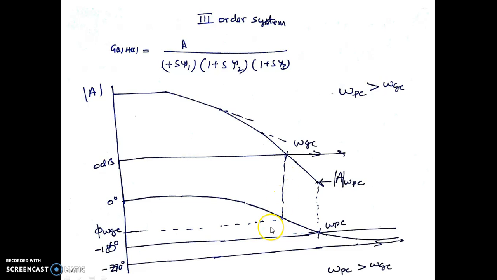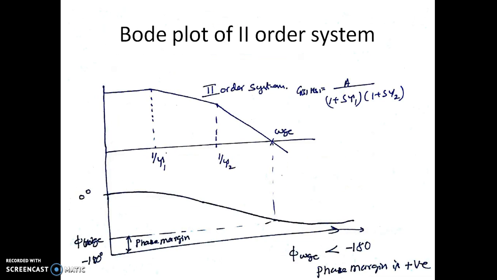The corresponding phase is given by phi of omega gc, and it is interesting to know that since there are three poles, it's a third order system, the phase changes from 0 to minus 270 degrees. We're going to have omega pc also. In the previous two cases of first order and second order, we didn't have omega pc because the maximum phase was only minus 180 degrees in case of a second order system, reaching at omega equal to infinity.